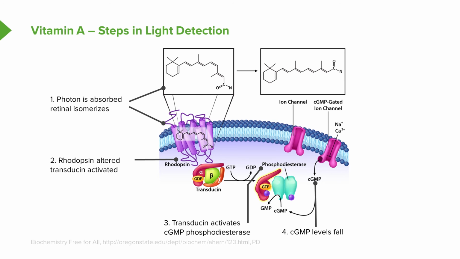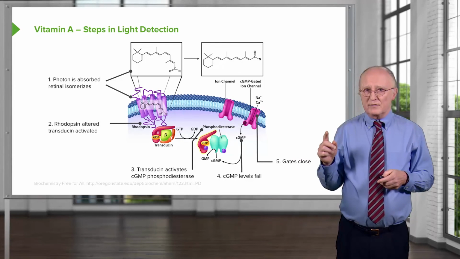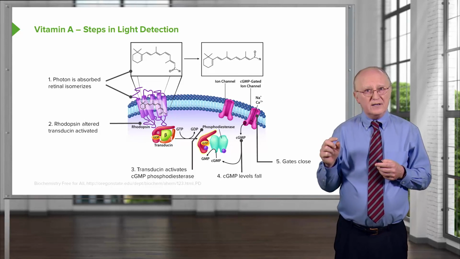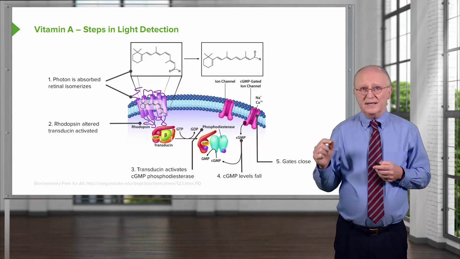That causes the cyclic GMP concentration to fall. And as the cyclic GMP concentration falls, the ion channels that I described to you earlier for sodium and calcium begin to close. Hyperpolarization occurs, and when hyperpolarization occurs, release of neurotransmitters ceases, and the brain learns, therefore, a photon of light has been absorbed.